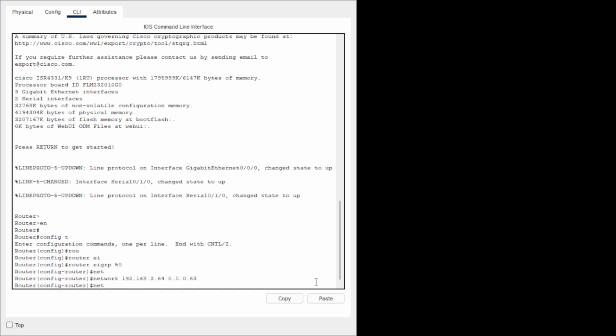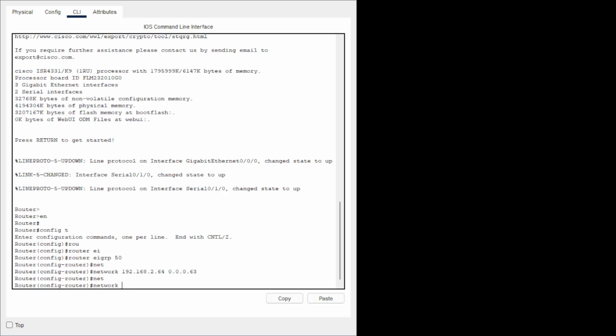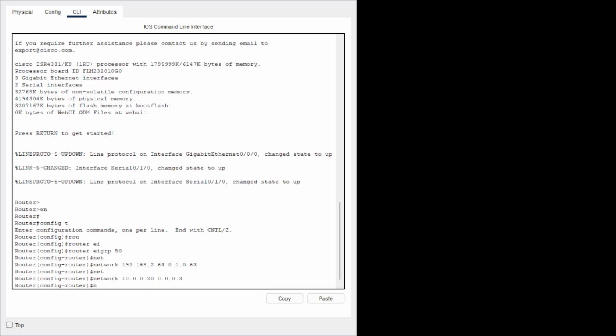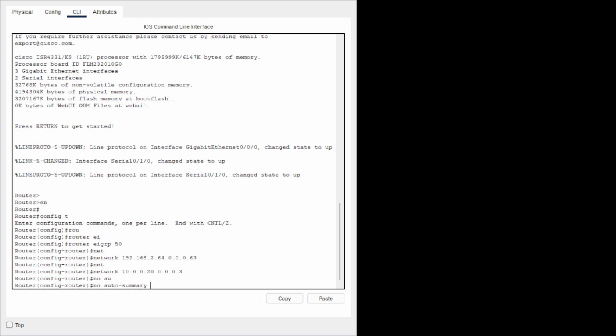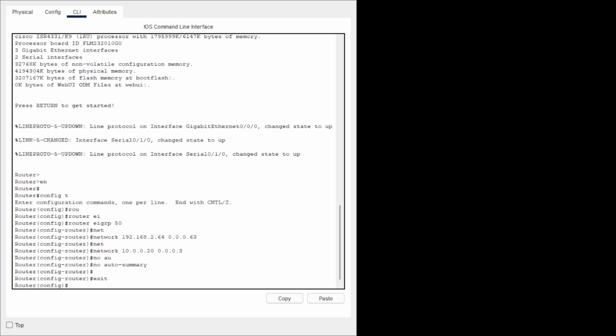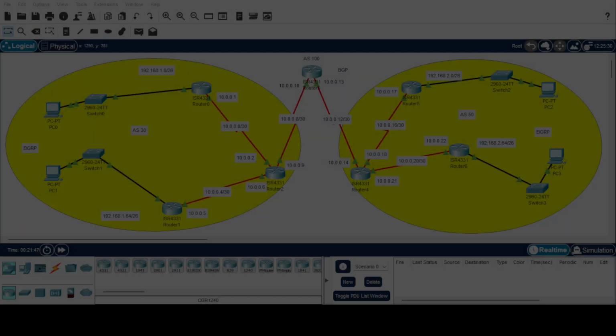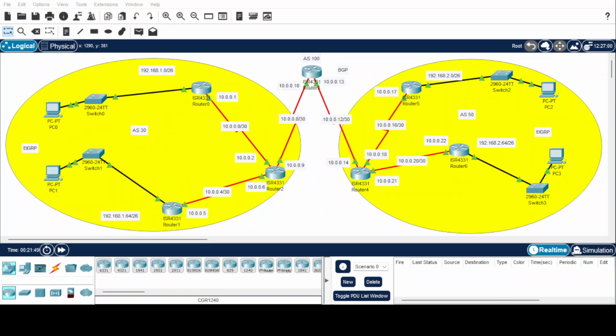The second network, the serial port, has the network IP of 10.0.0.20 0.0.0.3, and no auto summary. So router 5 and router 6 configuration is finished.